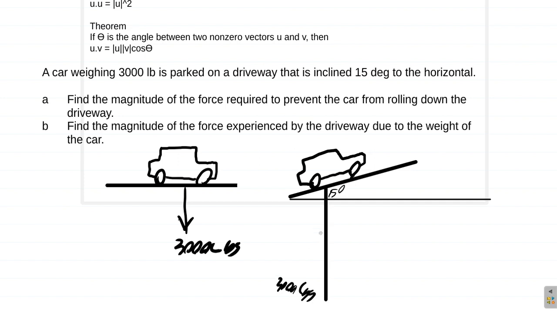Now the thing is, if you take this 3,000 pounds out here, we're going to compare it in both situations. This 3,000 pounds is going straight down, right? But now, if we keep this 3,000 pounds as it is, this is the end of the 3,000 pounds.